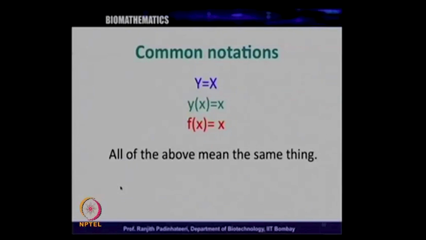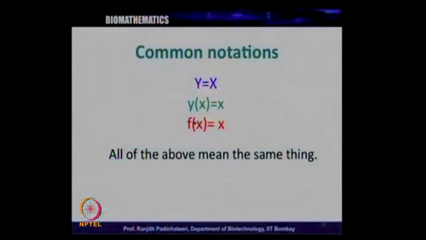Typically this is shown in different ways in different books. Some books say y equal to x, some other lecturer would say y of x equal to x. Some other place you would see f of x equal to x. As you can see here, all this means the same thing.